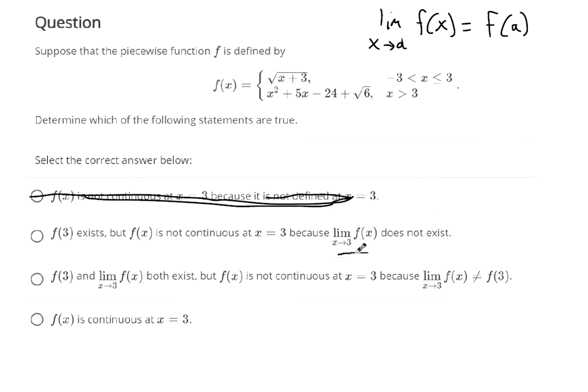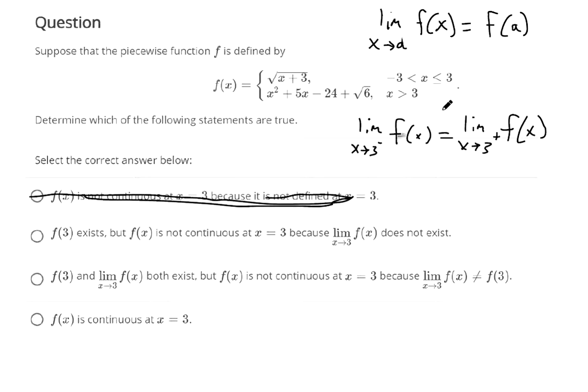So for the limit to exist, the limit as x approaches 3 from the left needs to be the same as the limit as x approaches 3 from the right. If they're not the same, then the limit does not exist, and this would be the correct answer.